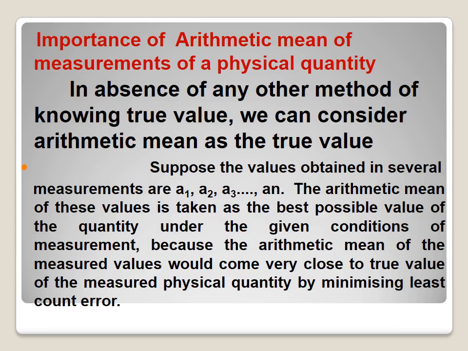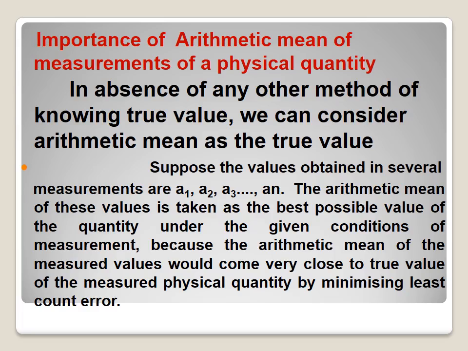Let me show the method to calculate the arithmetic mean of a physical quantity. Suppose the values obtained in several measurements of a physical quantity are A1, A2, A3, etc., An. Here, n observations are done and the readings or measurements are given.